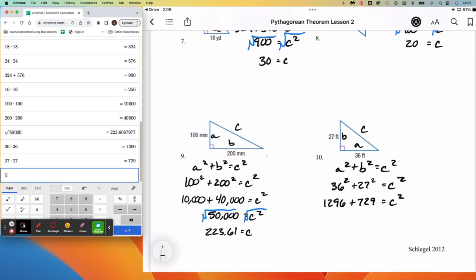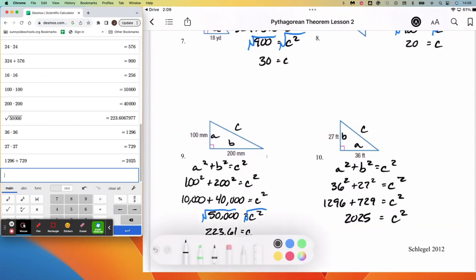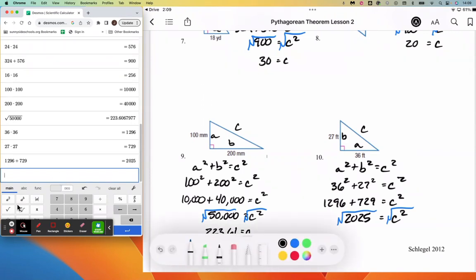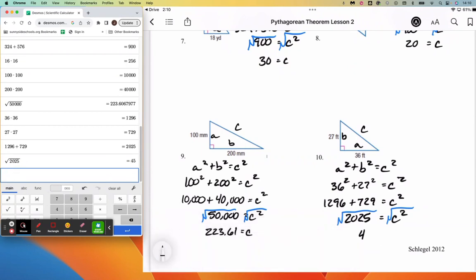And so 1296 plus 729 is 2025. Take the square root on both sides. Square root of 2025 is 45. So the hypotenuse length of that triangle would be 45.